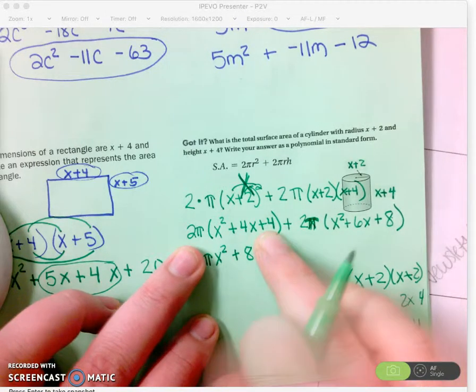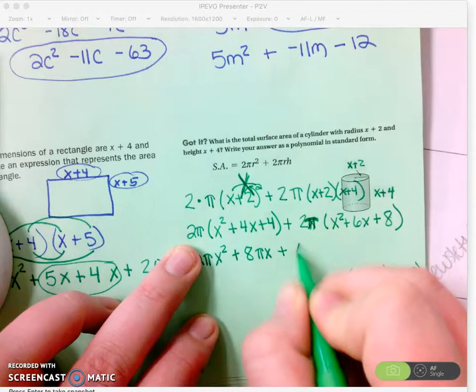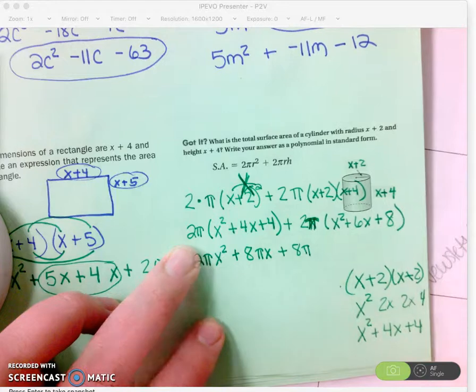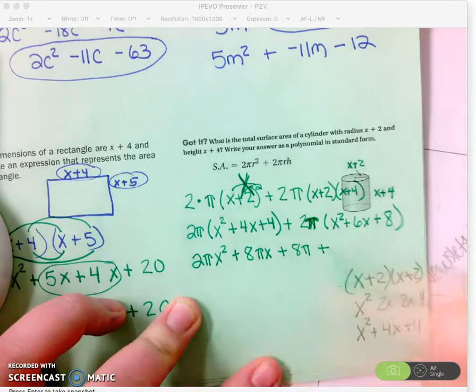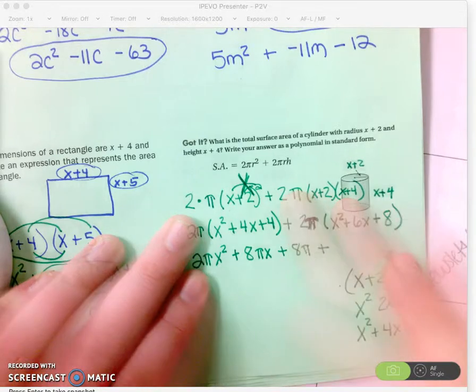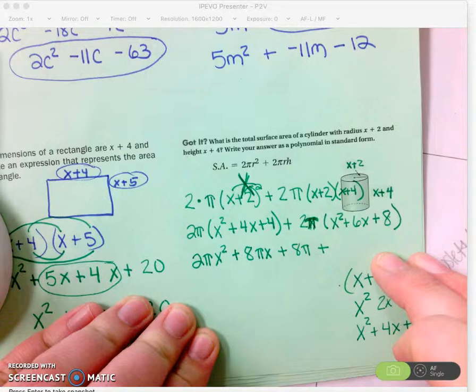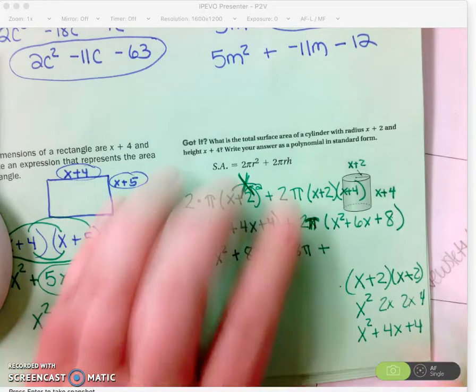And then 4 times 2 pi becomes plus 8 pi. So now I'm distributing to get rid of those parentheses, so I'll have just addition left. So I'm going to go down here.